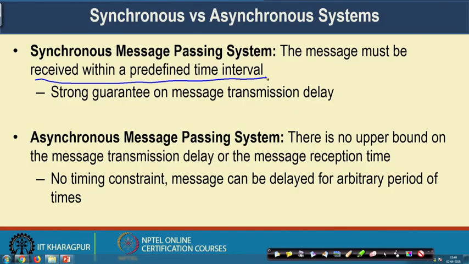So, this is the synchronous message passing system. But in an asynchronous message passing system, on the contrary, we do not have any upper bound on the message transmission delay or the message reception time. So, we do not have any such constraint.